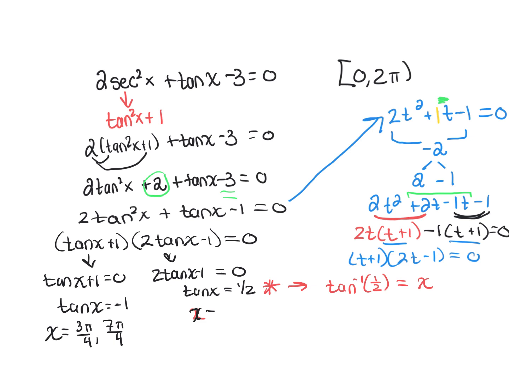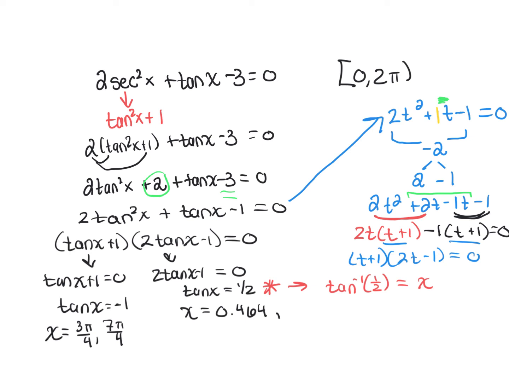equals, sorry, that's very sloppy. Let me try one more time. X equals 0.464. That's one answer. Remember, the period of tangent is pi, so I am going to add a pi to that to find my other answer.